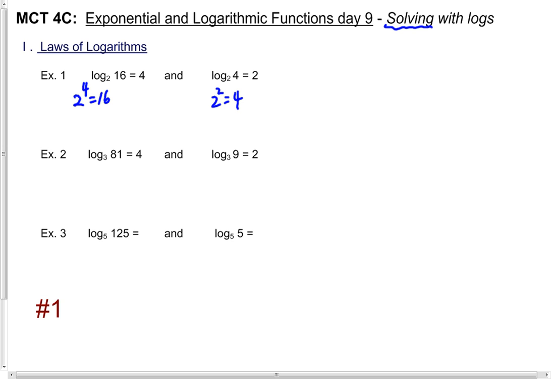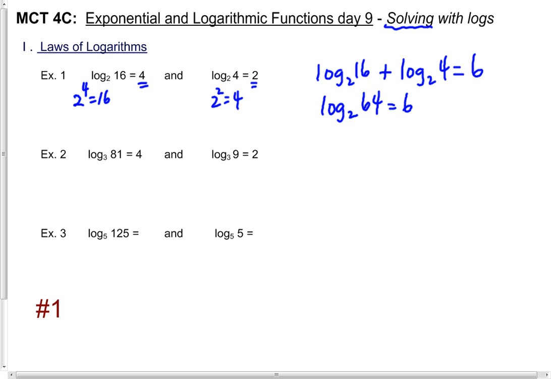I happen to know by looking at the 4 and the 2 that log base 2 of 16 plus log base 2 of 4 is equal to 6, simply because 4 plus 2 is equal to 6. It also happens to be true that log base 2 of 64 is 6. All right, keeping that in mind.